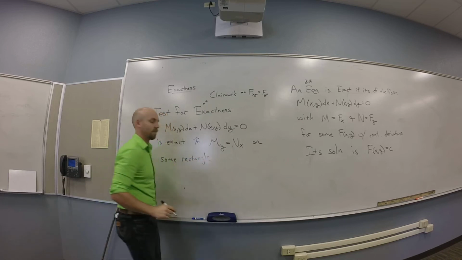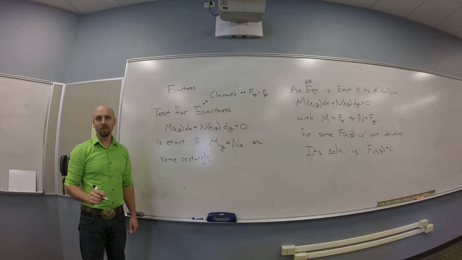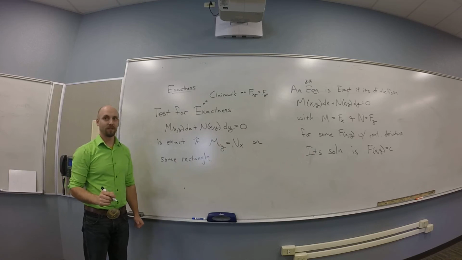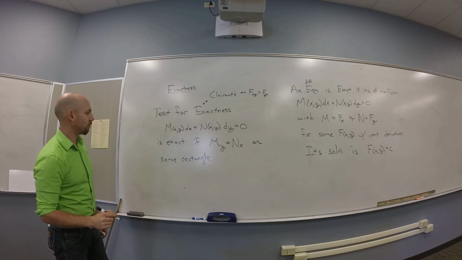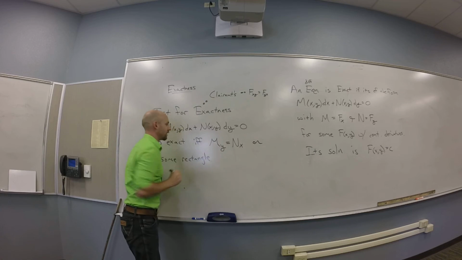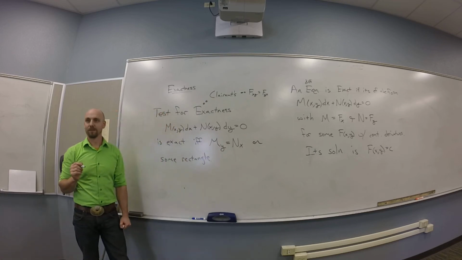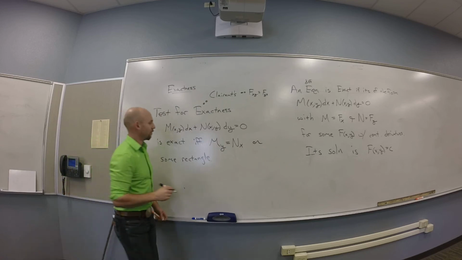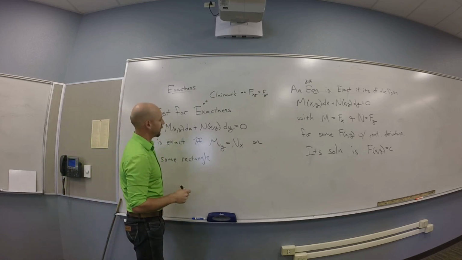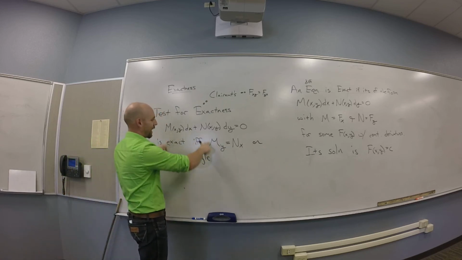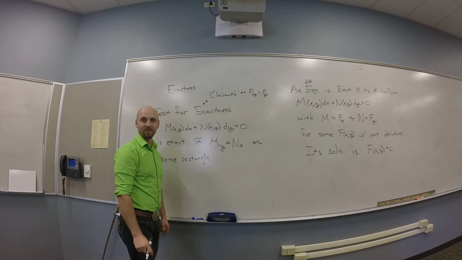and I'd like them to be equal on some rectangle R. And I probably should toss in one more thing here. I should definitely toss in an if and only if. And then I should also toss in, well, at least that M and N need to have derivatives.